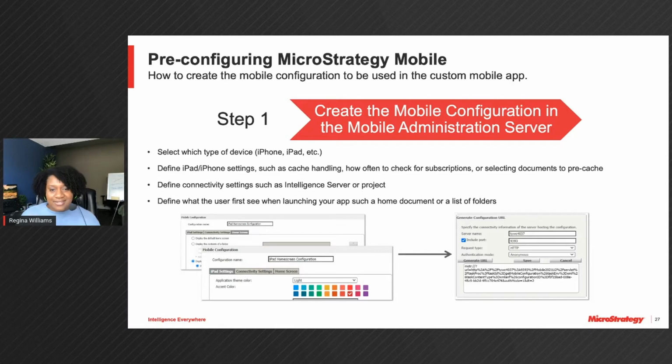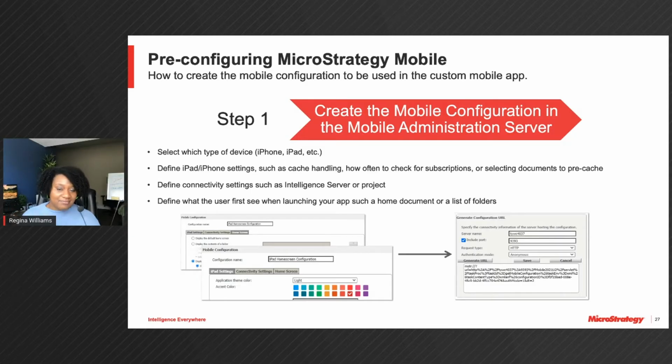And you can set different things there, like selecting which documents you want to pre-cache, other cache handling strategies, whether to keep it when you exit out of the app or maintain that cache between launches, schedule how often to check for subscriptions, define your connectivity with the iServer, and also determine what the user is going to see when they launch your app.